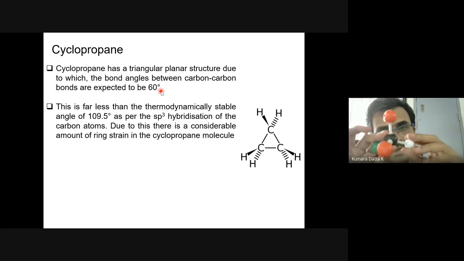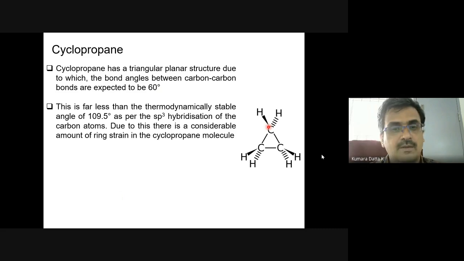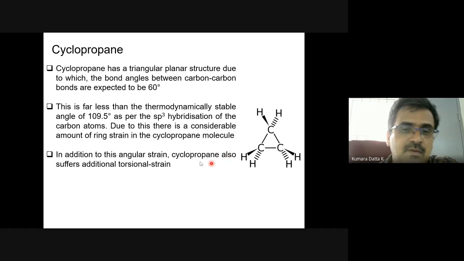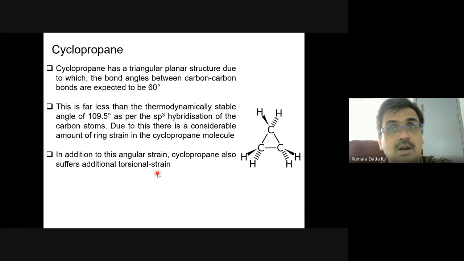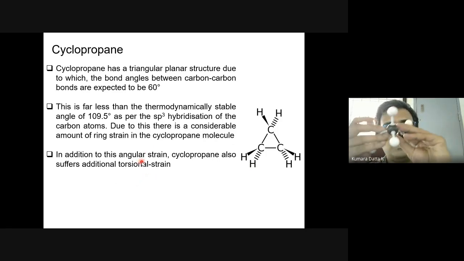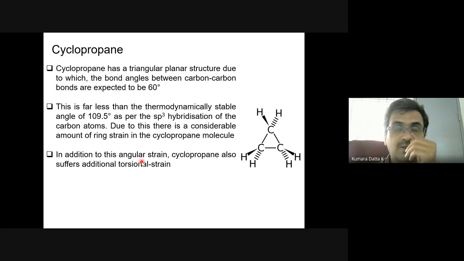How much less? About 40 degrees or something. Because of this we get ring strain for cyclopropane. And also because of this angular strain, cyclopropane suffers from torsional strain. When angles are strained, there is also torsional strain.